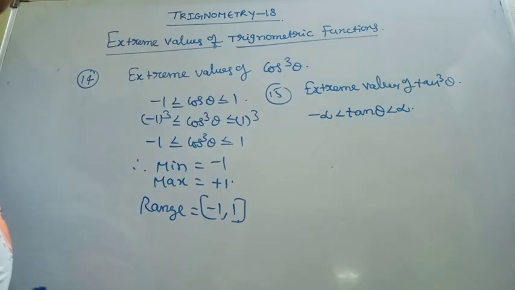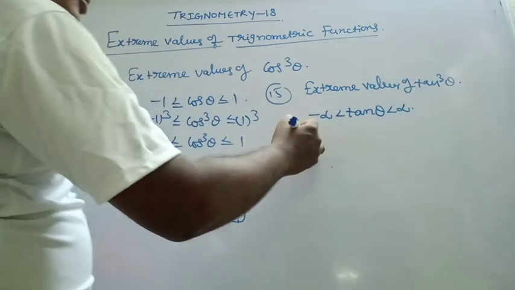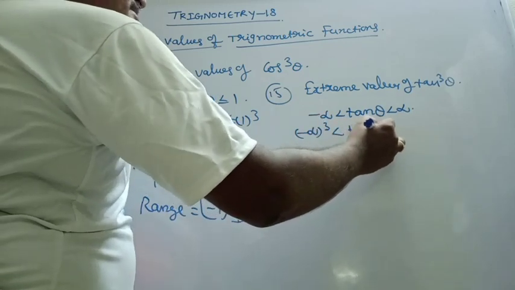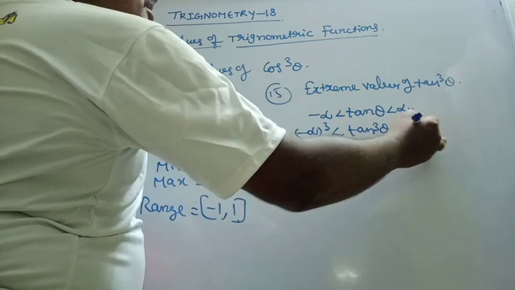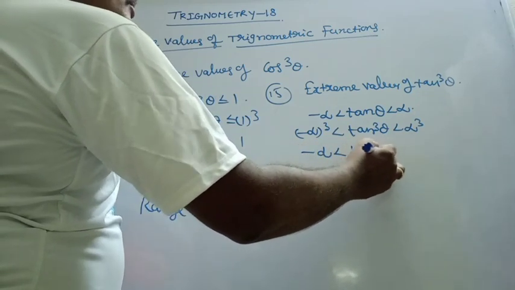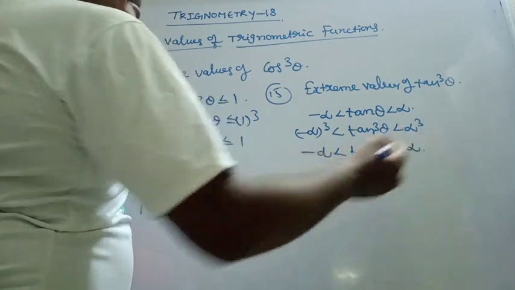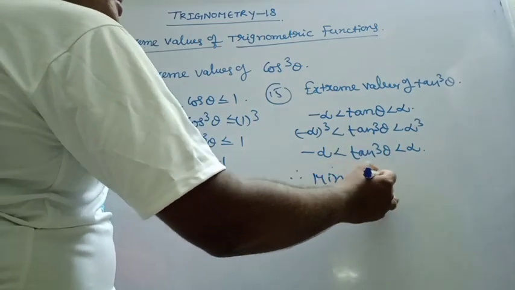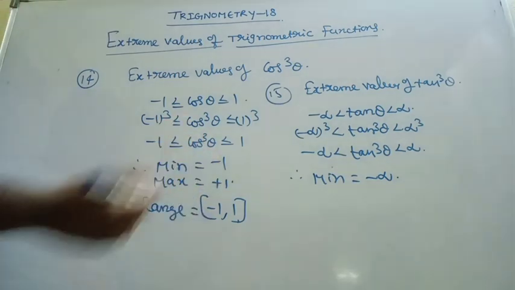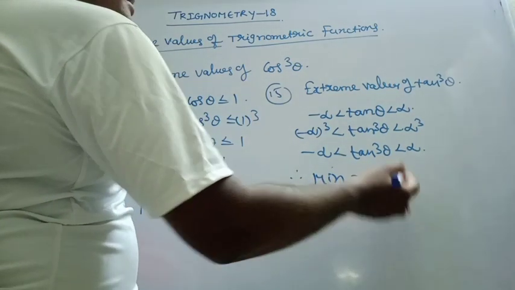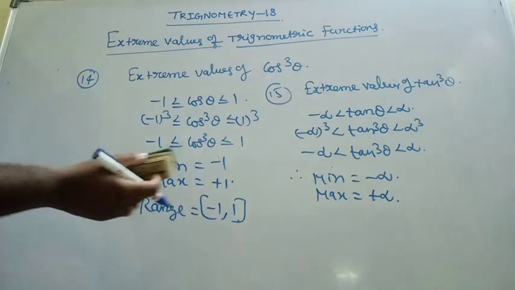That means when you do cubing on both sides, -infinity less than tan cube theta less than infinity. Therefore, here also the minimum value of tan cube theta is nearer to -infinity and the maximum value is nearer to +infinity.